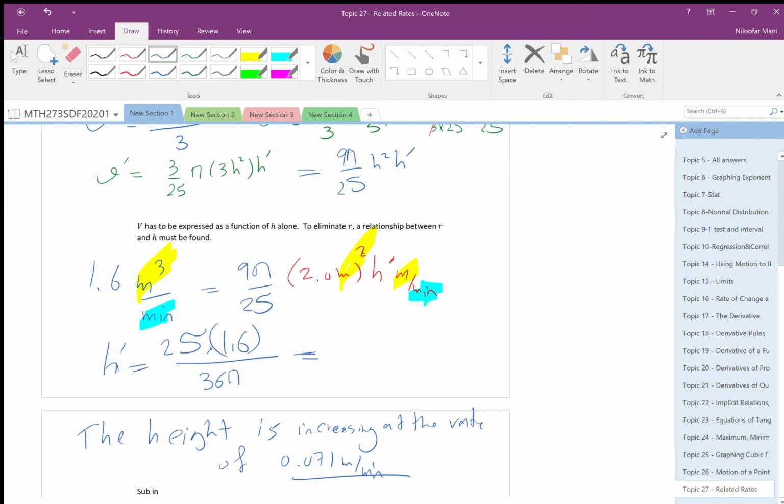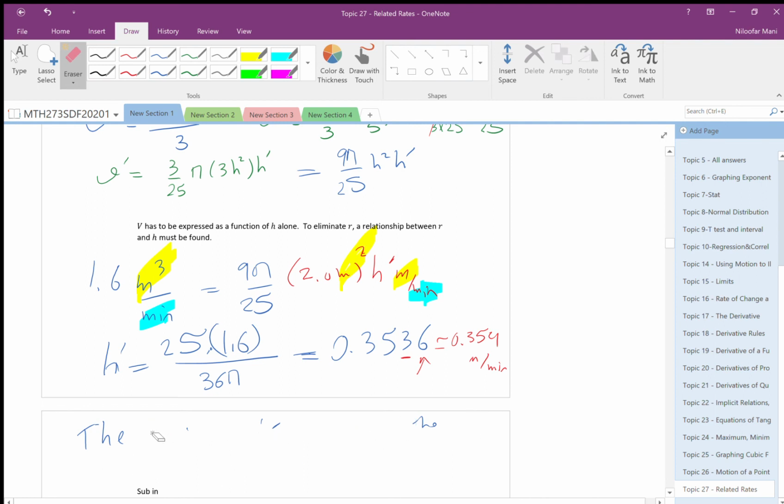I was thinking it's a very small number and I made a mistake somewhere. So 0.3536. Yes. So you underline that, check that, and the answer is almost 0.354 meter per minute. Okay, so you can write the height is changing, is increasing.